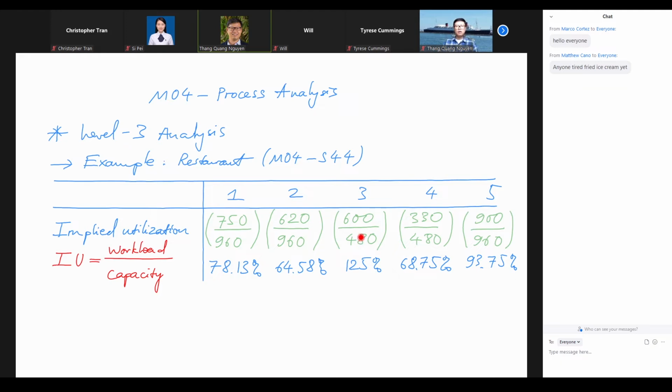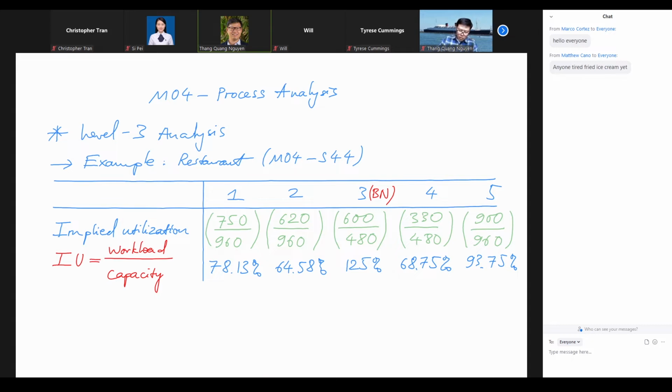Some of the units cannot go through because they do not have enough people to handle the demand, right? So that's why the demand here exceeds the capacity. And then after that, the items can go through because 4 and 5 can handle it, right? But now we realize that number 3 is our bottleneck, right? Because we do not have enough capacity to handle the demand over there. And that resource limits the flow through the whole kitchen. So that's our bottleneck, right?